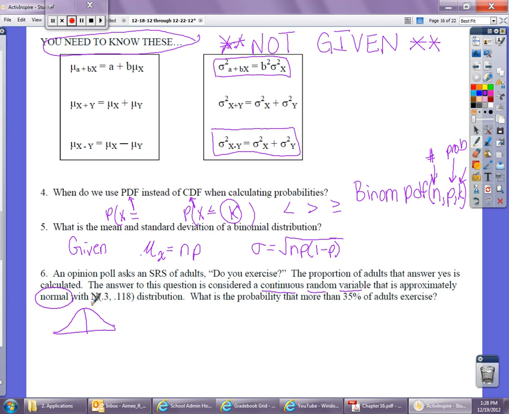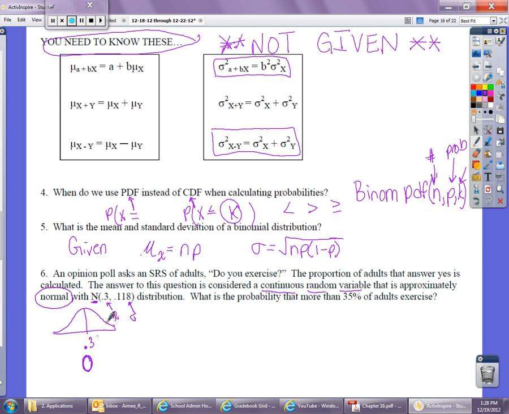Whenever you see this notation, this means a normal model with a mean of and a standard deviation of. So, again, this 0.3 goes in the center. Is this a standard normal model? No. Remember, in a standard normal model, your mean is 0. So this is not a z-score.